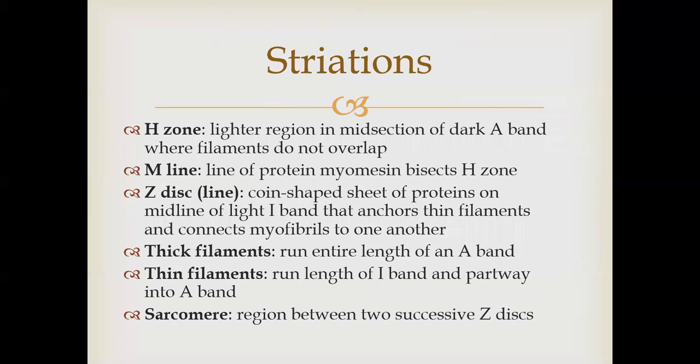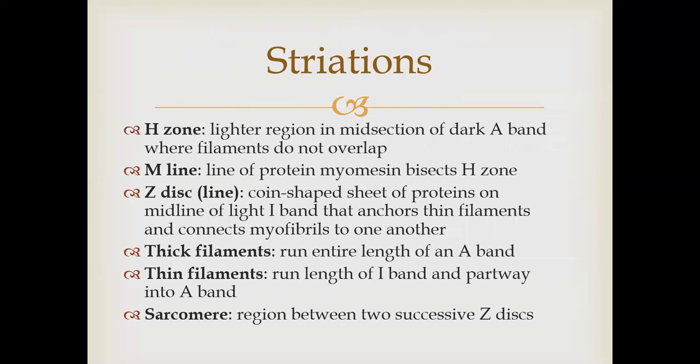So a description of each of these has also been provided on the slide before, where you have the H zone, which is the lighter region of the midsection of the dark A band, where filaments do not overlap. The M line is a line of protein myosin, which bisects the H zone. The Z line or Z disc is a coin-shaped sheet of proteins on the midline of the light I band that anchors the filaments and connects the myofibrils to one another.